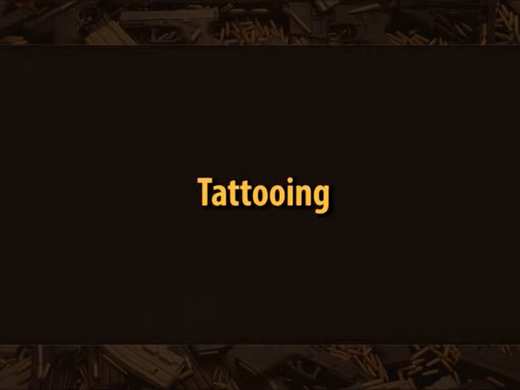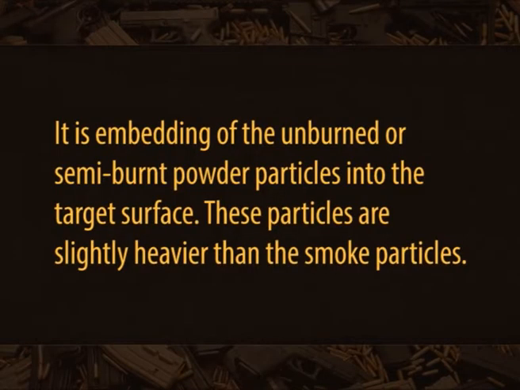Then comes tattooing. It is also called peppering or stippling. It is nothing but the embedding of unburnt or semi-burnt powder particles into the target surface. These particles are slightly heavier than the smoke particles, so they retain motion for a somewhat longer time than the smoke particles.